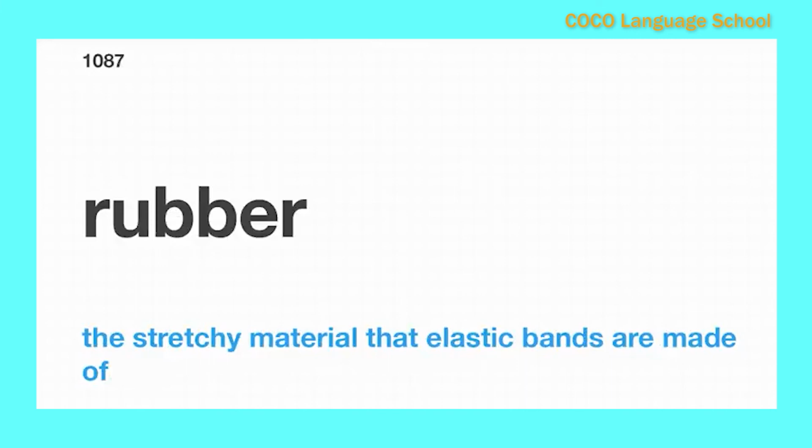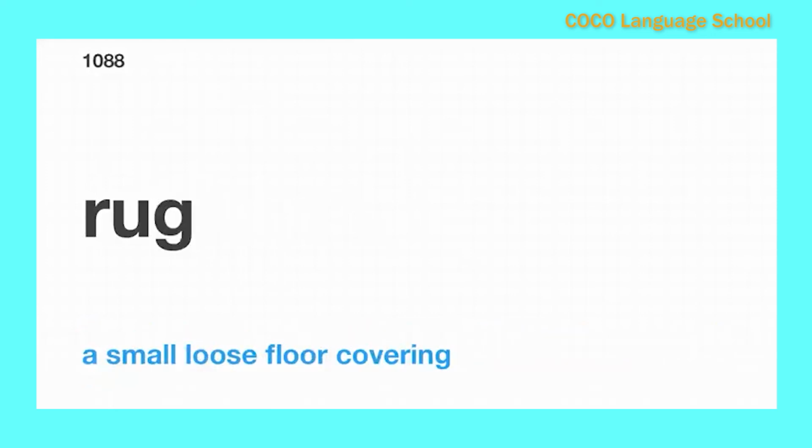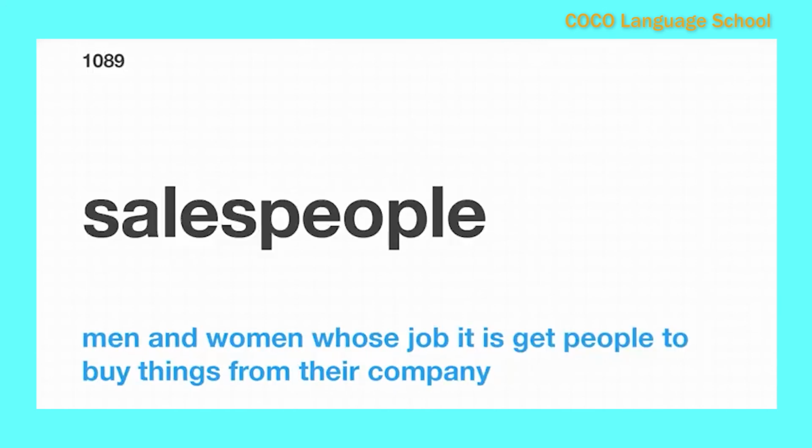The stretchy material that elastic bands are made of. Rubber. A small loose floor covering. Rug. Men and women whose job it is to get people to buy things from their company. Salespeople.